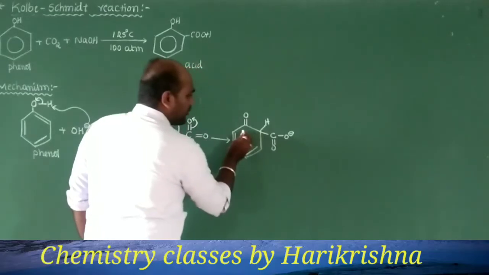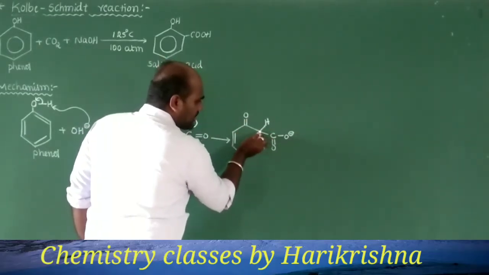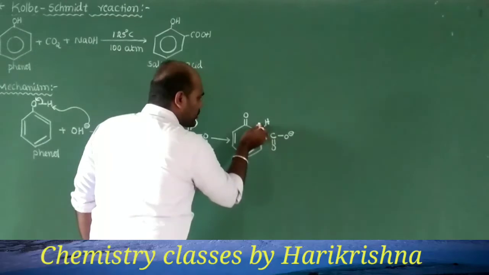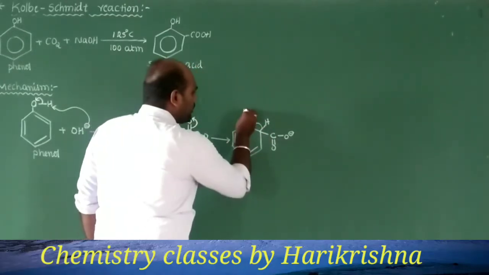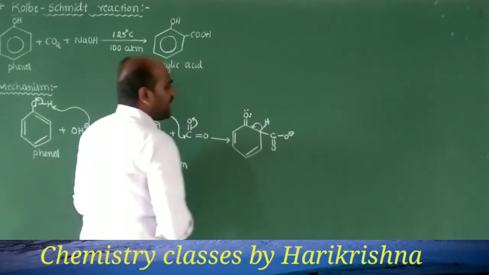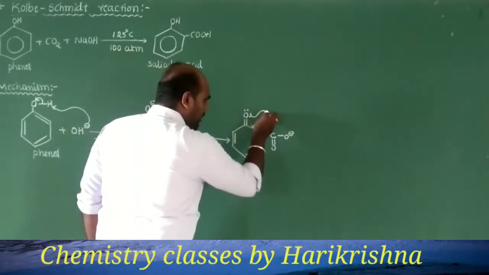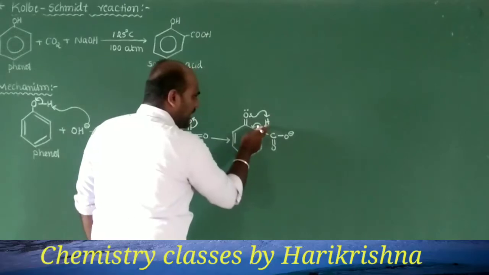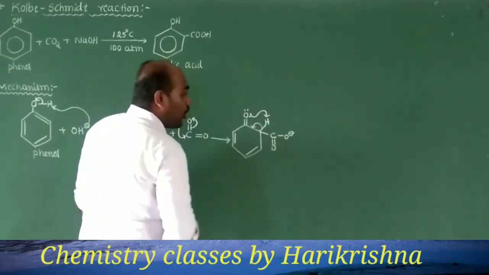So this is what we will be getting, and now the bond pair of electrons between this carbon atom and hydrogen will shift over here. We know there will be two lone pairs of electrons on the oxygen atom. One of the lone pairs will be donated to the hydrogen, which will come out as H plus ion, so as to make OH.